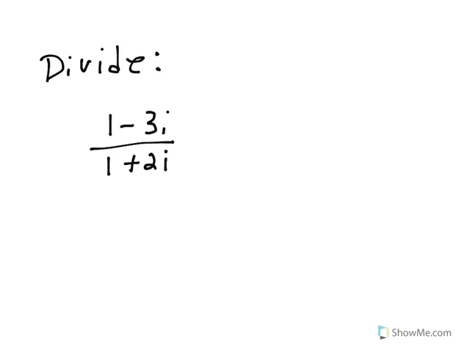An example of dividing complex numbers. It is improper to have i in your denominator, just like it was improper to have the radical sign in your denominator.